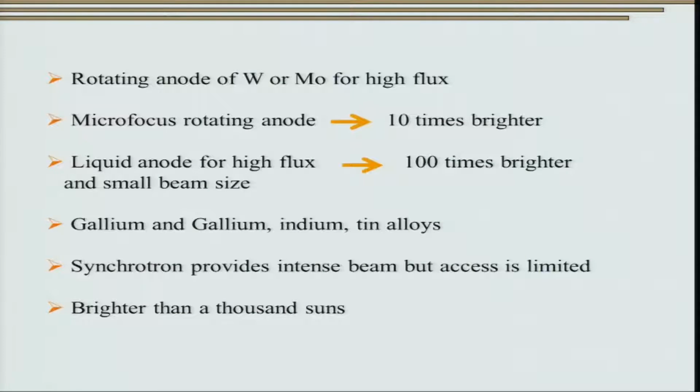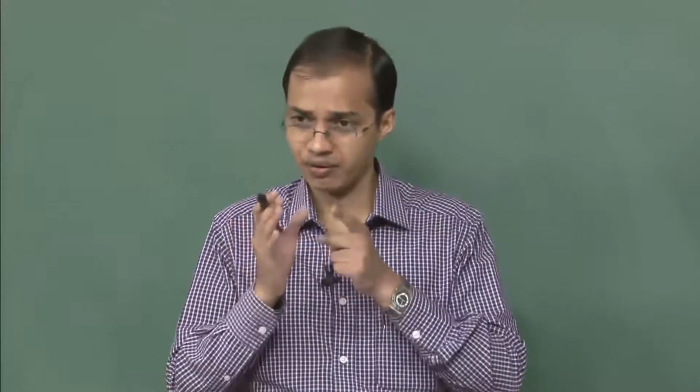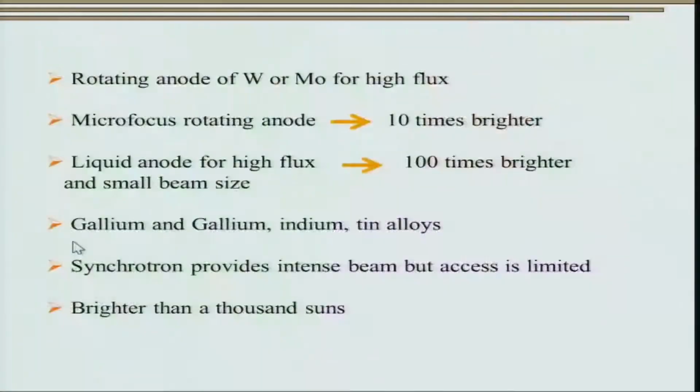Another important advantage is the beam size that we can obtain with a liquid anode X-ray tube, which ensures that we get a very high intensity and small focused X-ray beam. Metals like gallium, and gallium, indium and tin alloys are used for generation of liquid anode X-ray tubes.